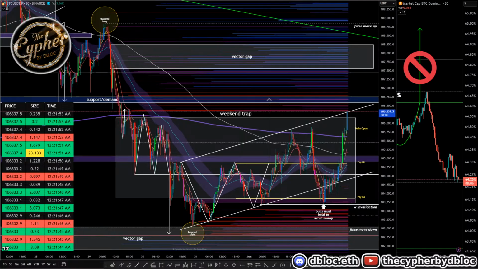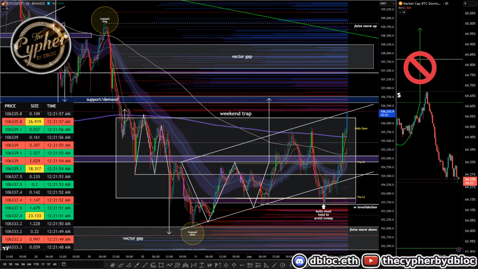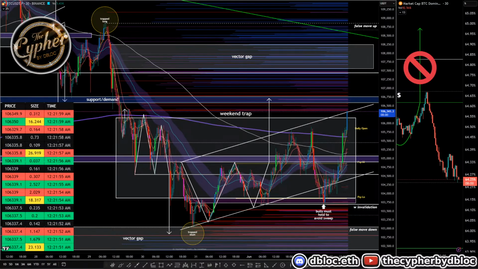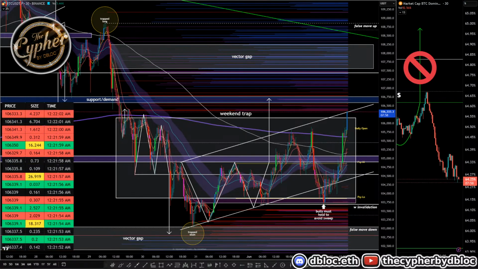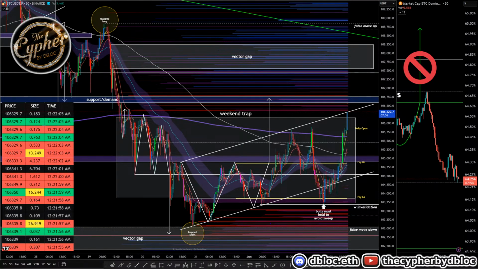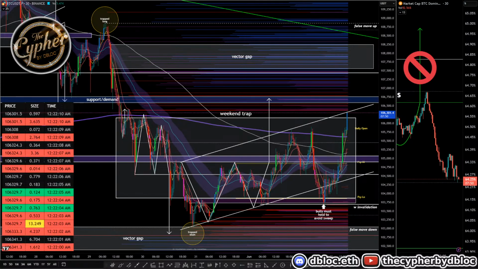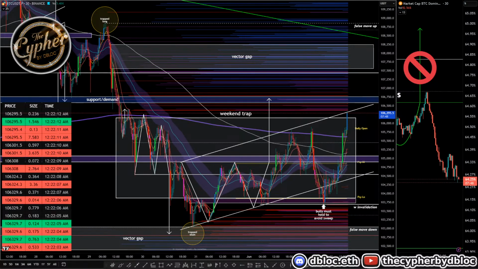So this is the angle at which we want the 1 hour 50 EMA to cross, or the earlier time frames. And the black dashed line here would be the 4 hours. So that's why this particular line is really important here.